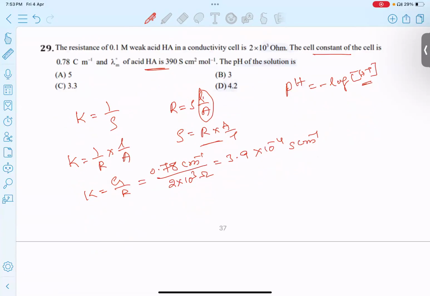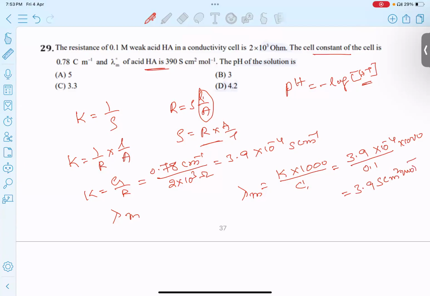Next, calculate the molar conductivity. Molar conductivity is equal to kappa into 1000 divided by C. The concentration of the solution is also given. Conductivity is now calculated: 3.9 into 10 to the power minus 4, into 1000, divided by 0.1 mole per cm cube. The answer is 3.9 Siemens centimeter square per mole.